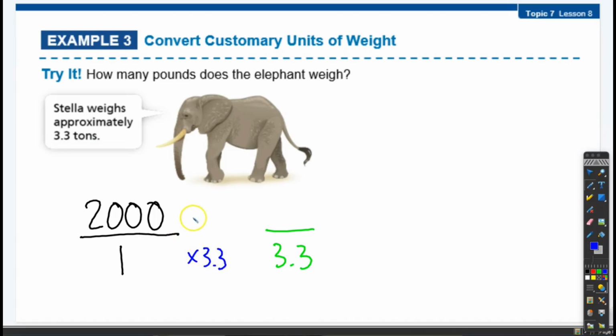And then we do the same thing to the numerator. Multiply by 3.3. And then 2,000 times 3.3 is 6,600. And that's how much Stella weighs in pounds. 6,600 pounds.